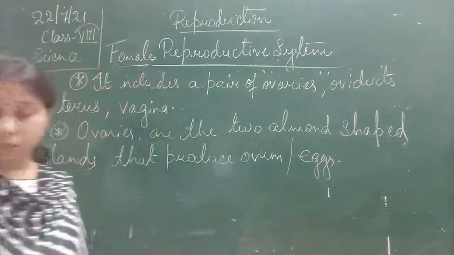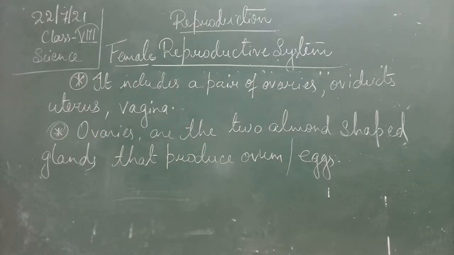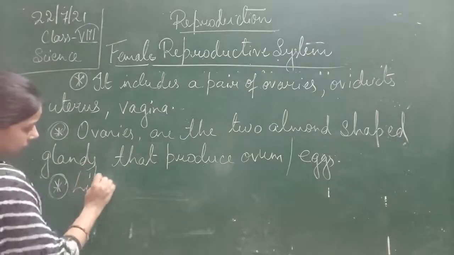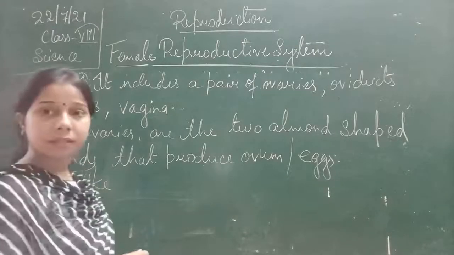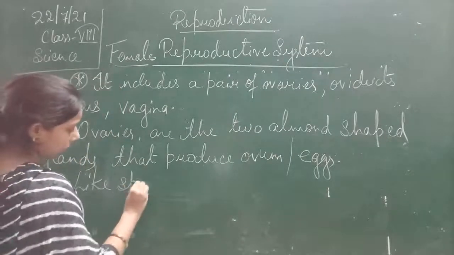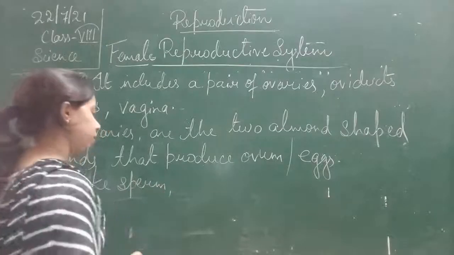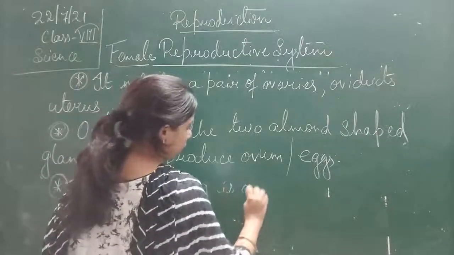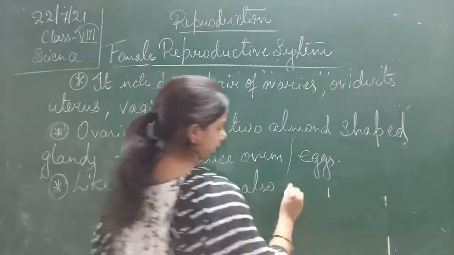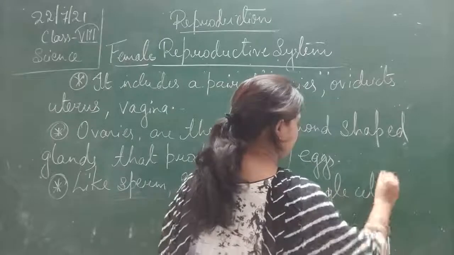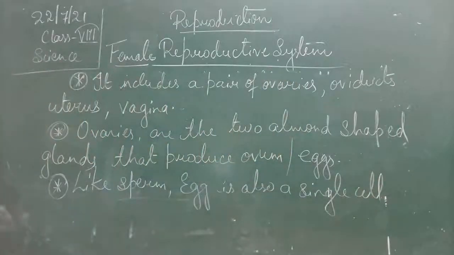Okay, like sperm, this ovum is a single cell. As sperm is a single cell, ovum is also a single cell. Like sperm, the egg is also a single cell.